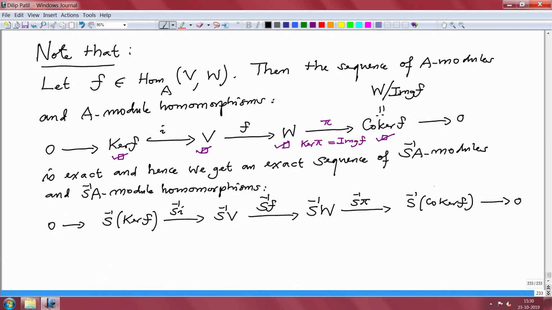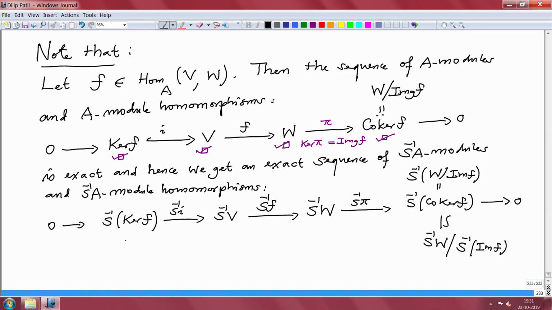But this S inverse of co-kernel of F is S inverse of W modulo image of F. And we saw in the last lecture that the residue class map and the operation S inverse, they commute. So this is isomorphic to S inverse W mod S inverse of image of F.